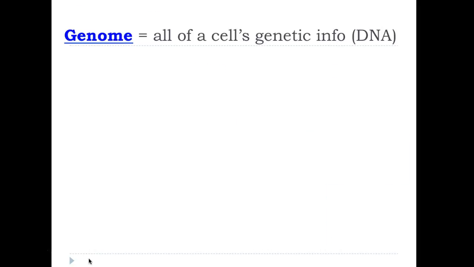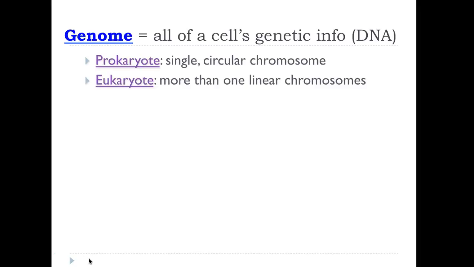When we're looking at a cell cycle, we're looking at chromosomes, or the DNA of those cells. The DNA of a cell, or all of the cell's genetic info, we consider a genome. Prokaryotes have a single circular chromosome, often referred to as a plasmid, stored in the nucleoid region. However, in eukaryotic cells, there is more than one linear chromosome, and the number depends on the species.